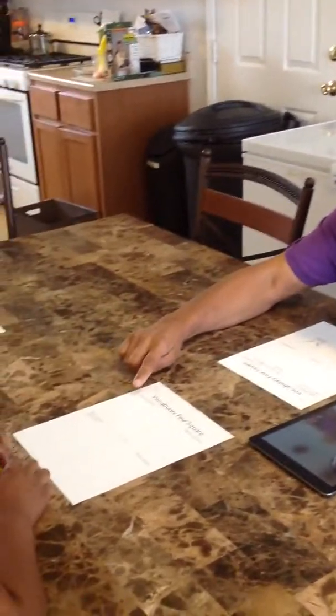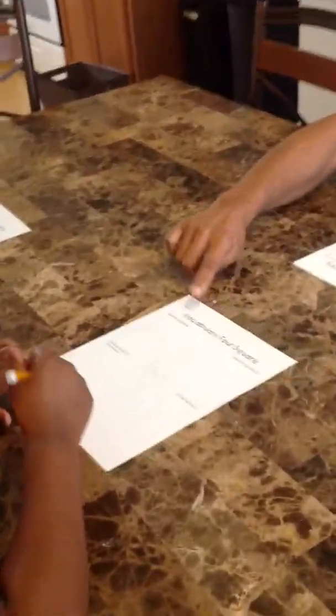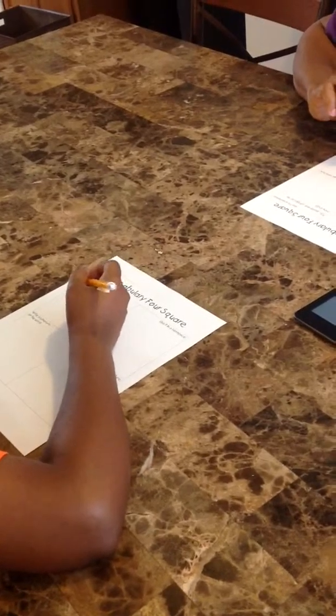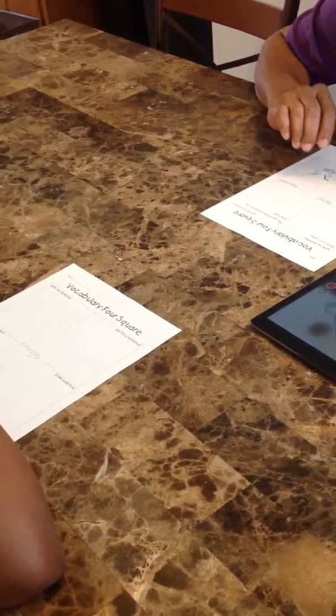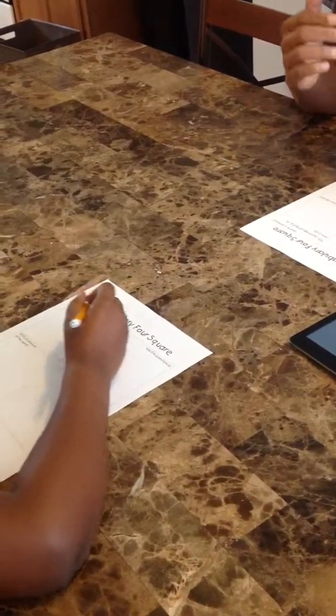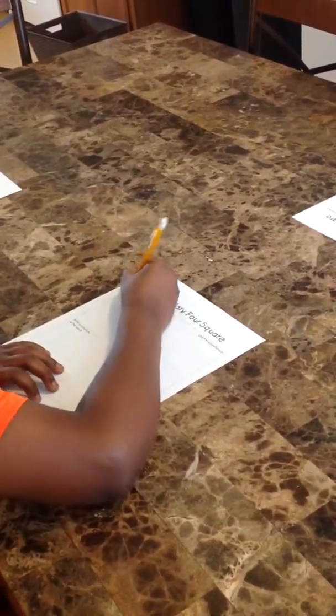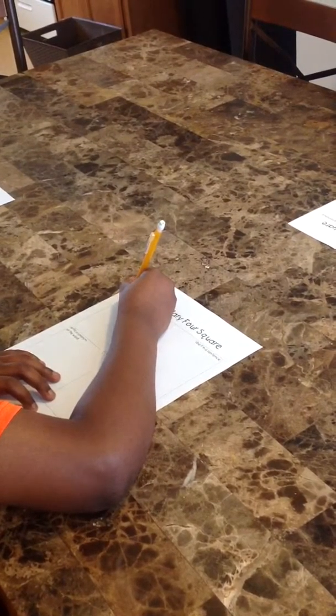Okay, so right here in your first square, if you can, remember what our definition of the word enrage is. It means to make someone very... Okay, so we're going to put that right in there under definition.